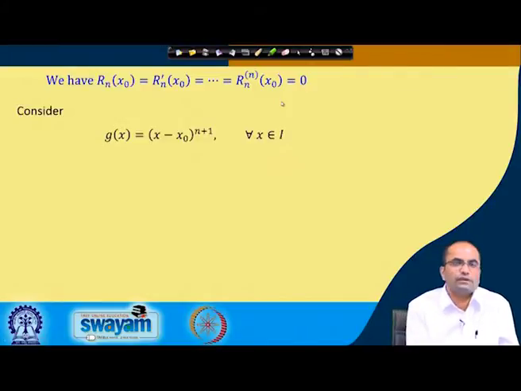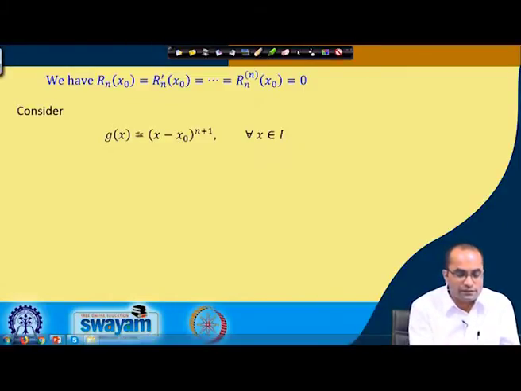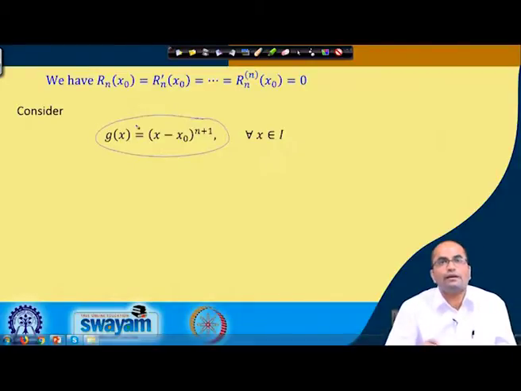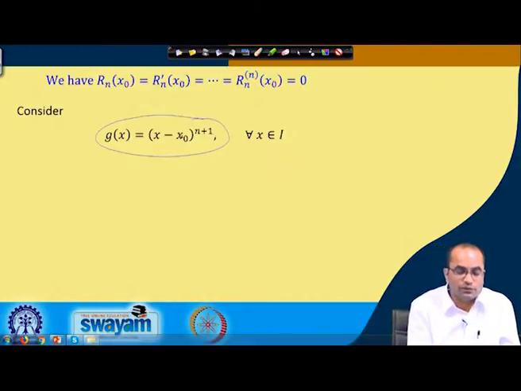Now, we consider another function here, which is g x equals x minus x 0 power n plus 1. This function also has the property that g at x 0 will be 0, and in fact the first derivative, because of n plus 1 and x minus x 0 power n, will also become 0 at the point x 0, and so on.